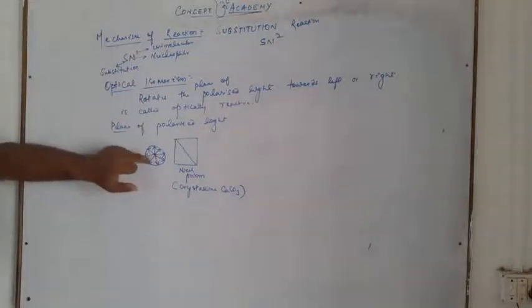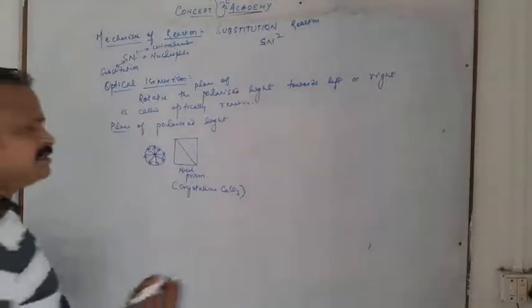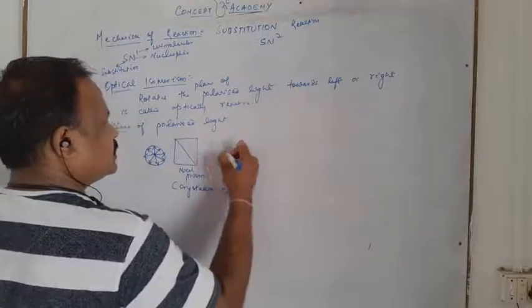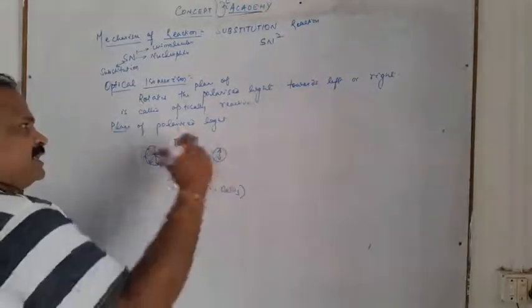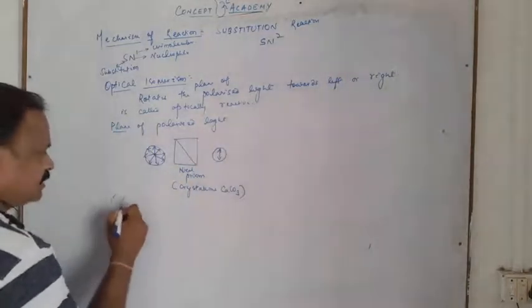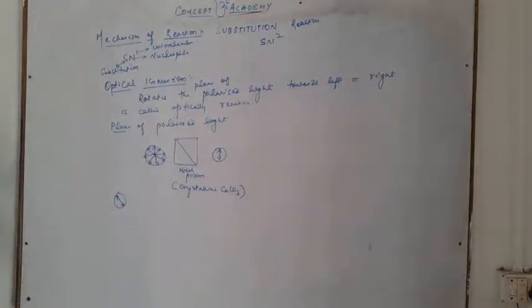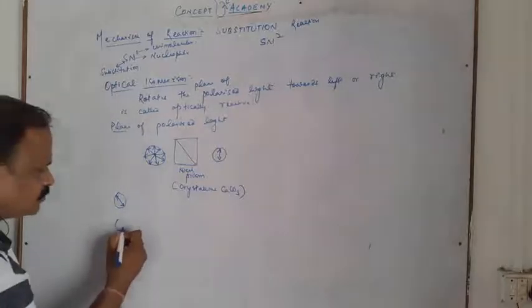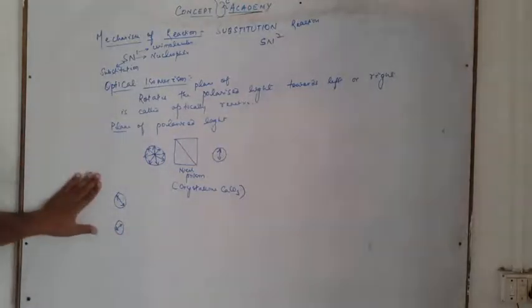So when light passes through the Nicol prism, then what happens? Here we get the polarized light. So if it turns left, or right, we can say like this. These two have different names.